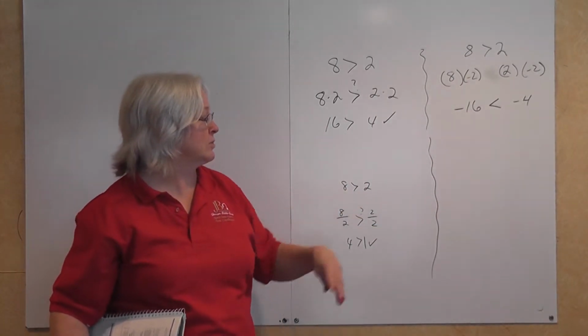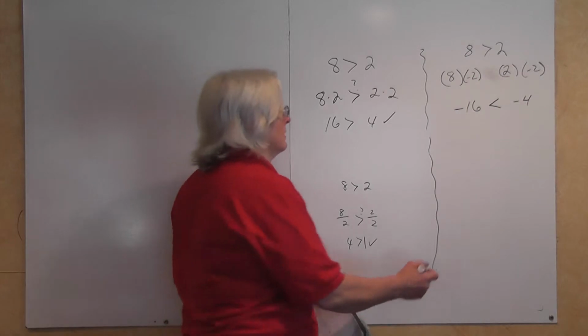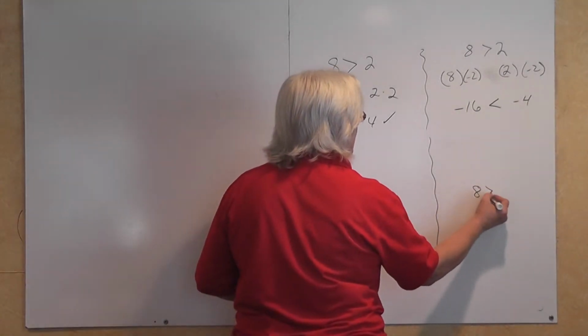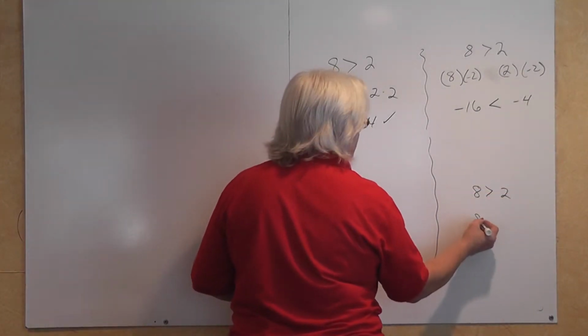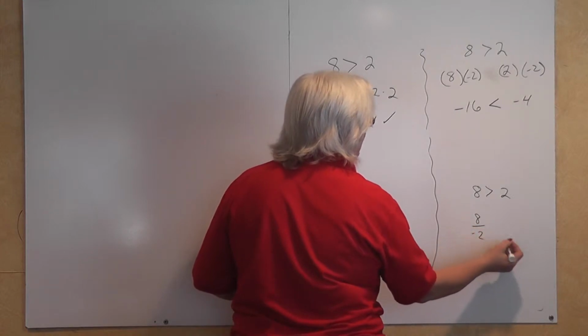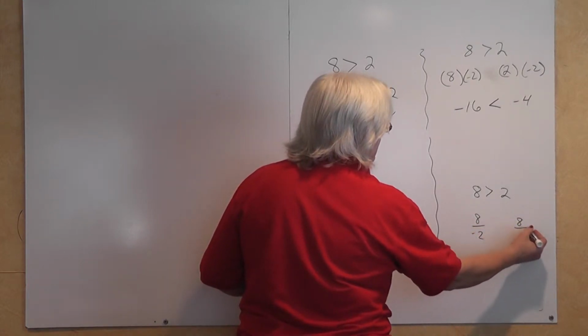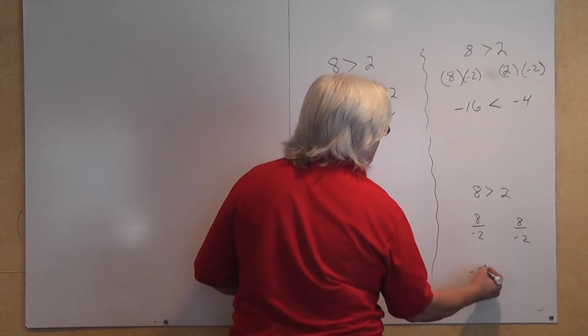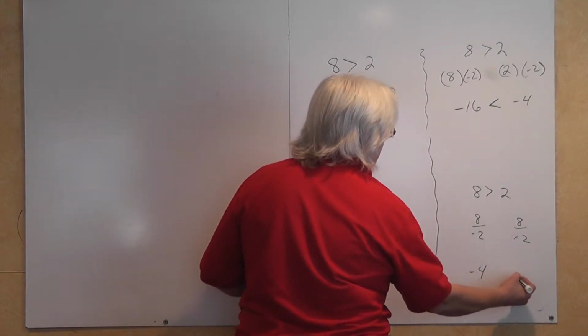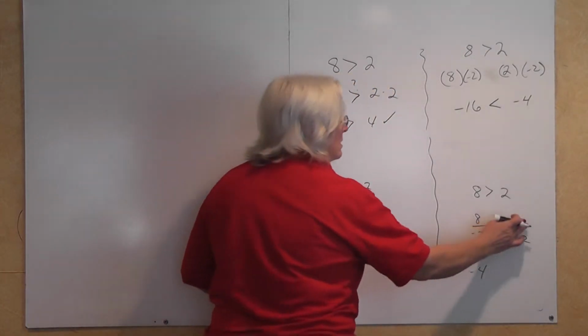Let's see what happens if we divide now. We start off knowing that 8 is greater than 2. Now we're going to divide by a negative 2 and see what happens. 8 divided by a negative 2 is... No, okay, what did I do wrong?